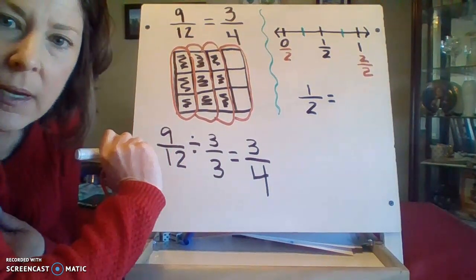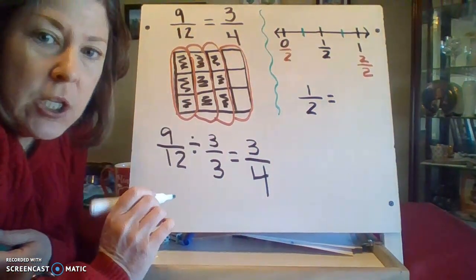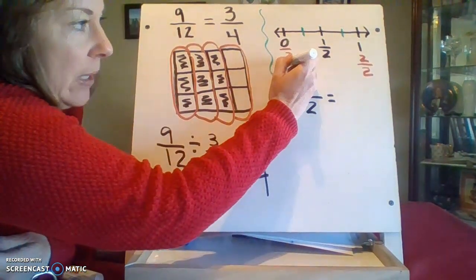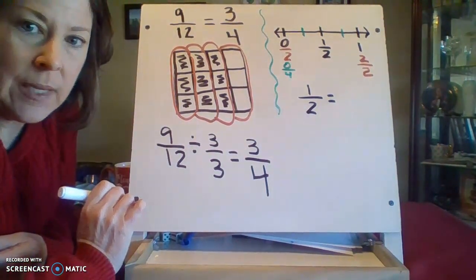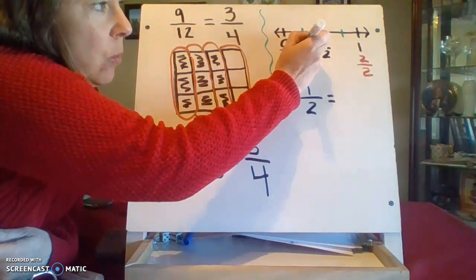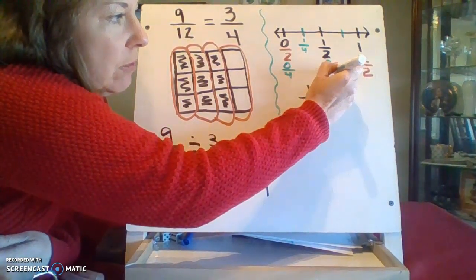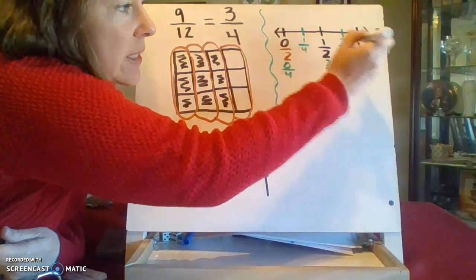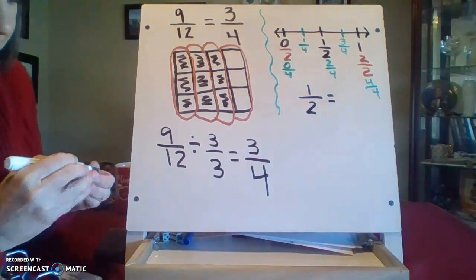So now I have 1, 2, 3, 4 smaller parts. So 0 halves, well, that's the same as 0/4. But then here I have 1/4, 2/4, 3/4, and 4/4.